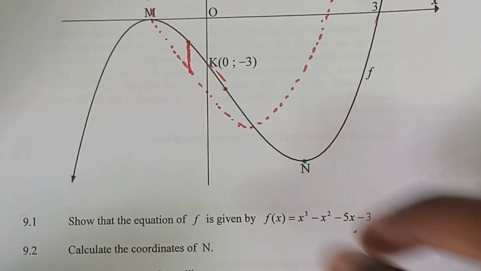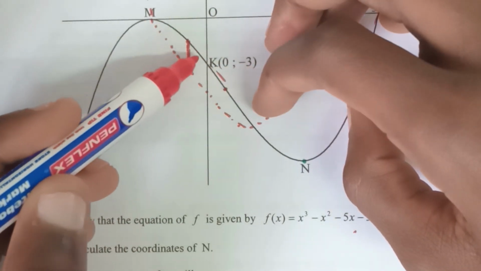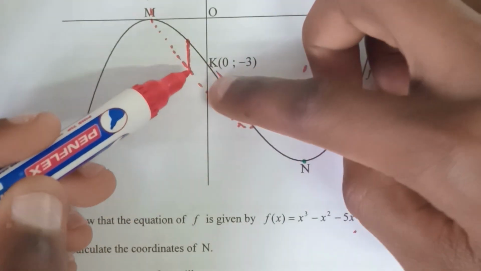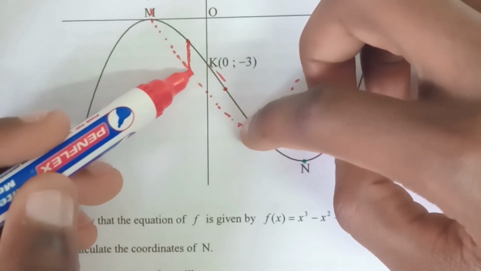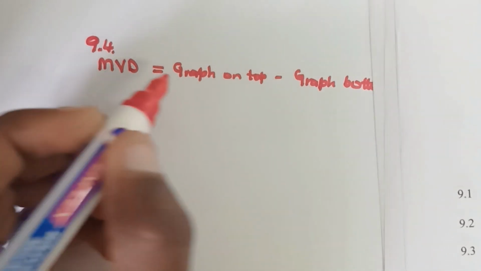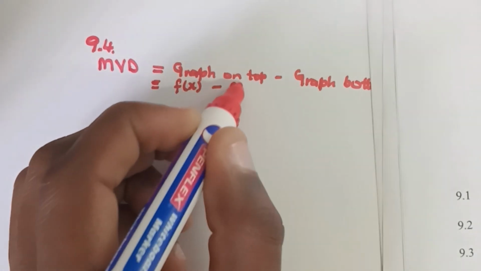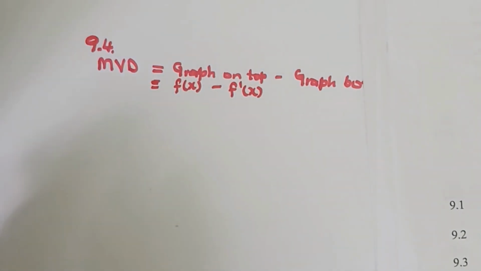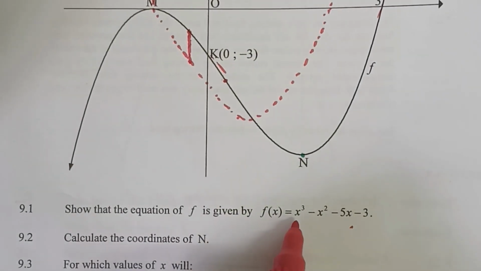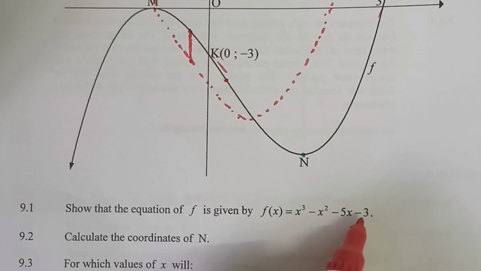So now let's find it. Since this one represents our graph that is on top, our MVD will be equal to f of x minus f prime of x. This one represents the graph that is on the bottom. So MVD equals f of x minus f prime of x. Now f of x here is x cubed minus x squared minus 5x minus 3.